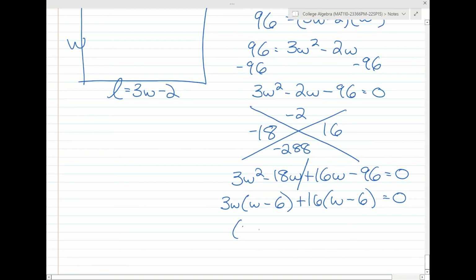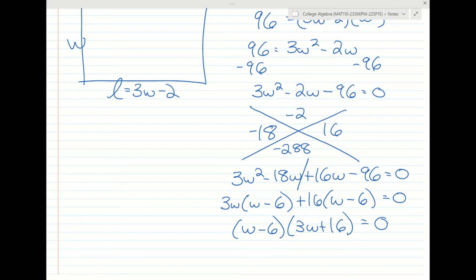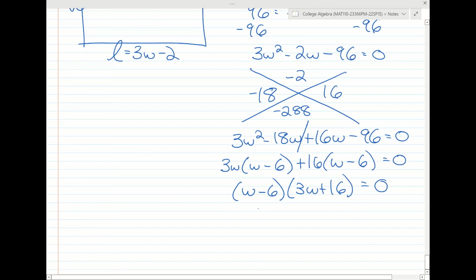And factored would be w minus 6 times 3w plus 16 is 0. W minus 6 would be 0, so w is 6. And for this one, 3w plus 16 is 0. Bring the 16 over, and w would be negative 16 thirds.